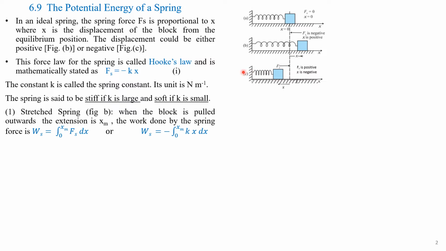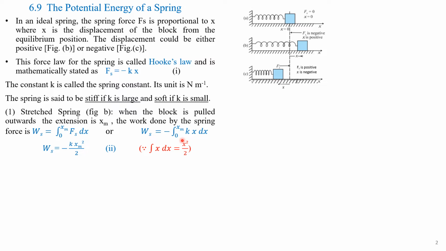The work done by the spring force is given by the relation Ws, work done by spring, is equal to integral 0 to xm of Fs dx, or Ws is equal to integral of minus kx dx. Here we have put Fs equal to minus kx as per equation 1.